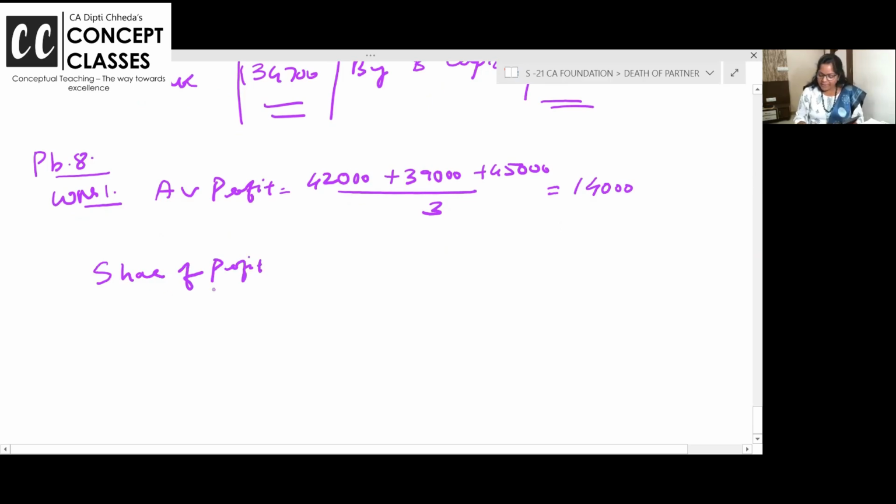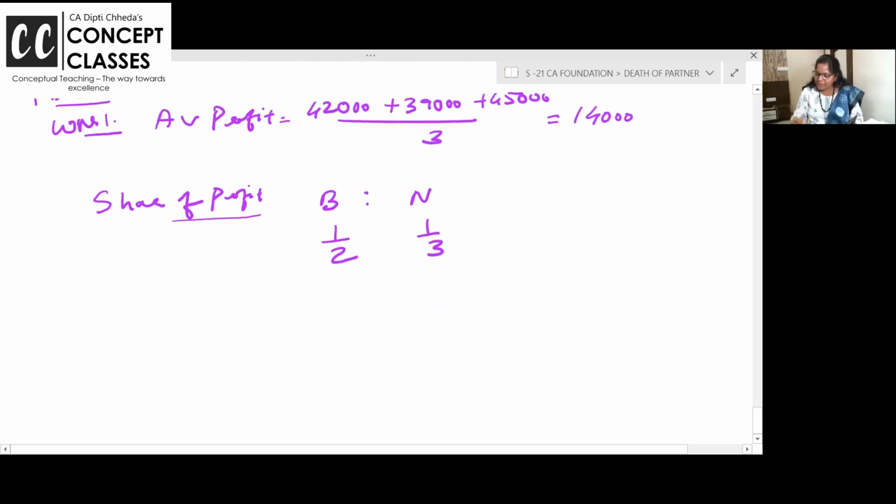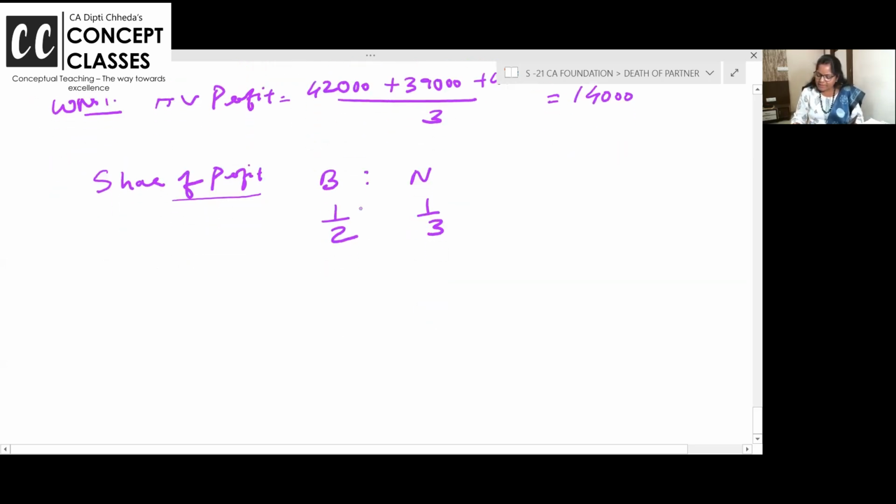For that we need to calculate the share of profit. B and N are sharing the profit in half and 1/3. So can we multiply it by 6 in both the cases?